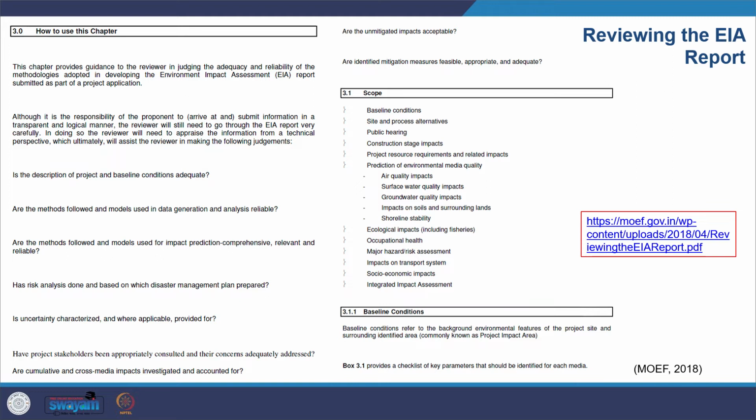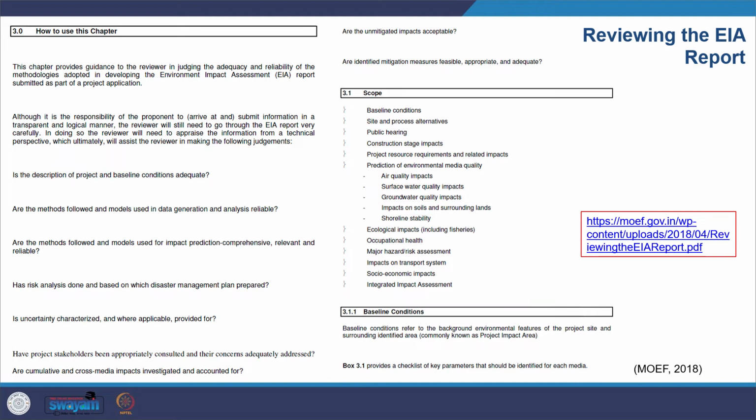And then a reviewer would also look at whether the project stakeholders have been appropriately consulted, as per the norms, and whether their concerns have been addressed or not. You also see here they look at whether cumulative and cross-media impacts are investigated and accounted for.